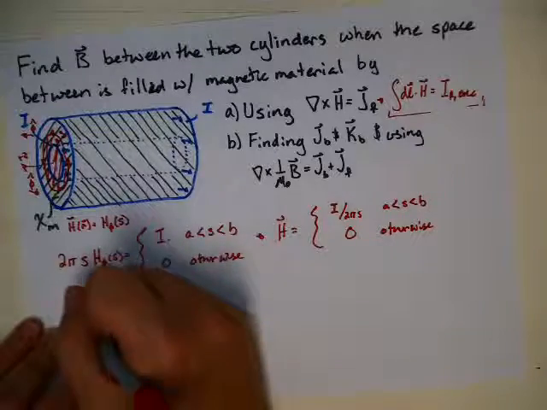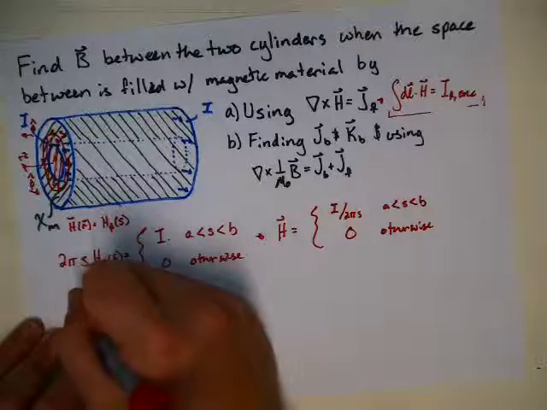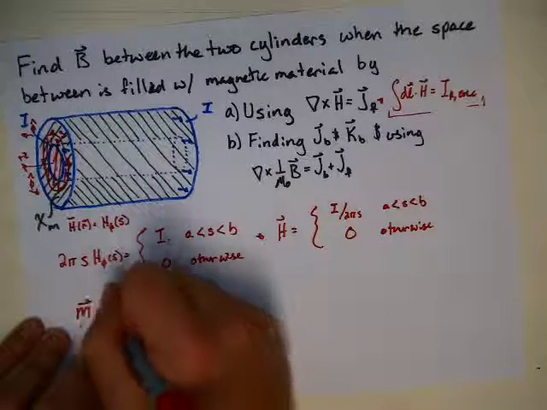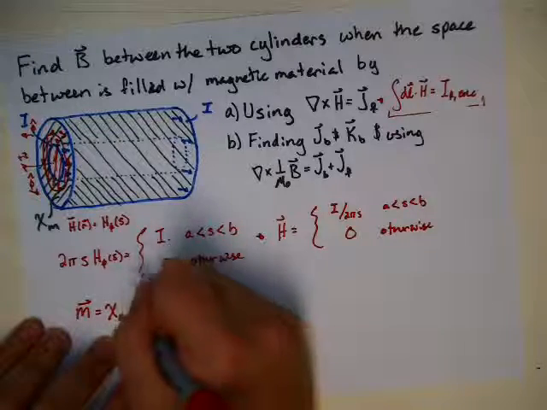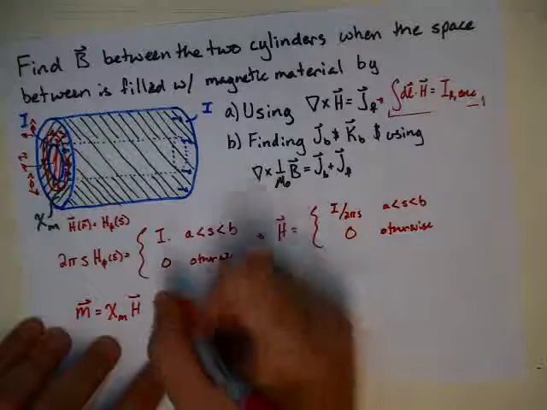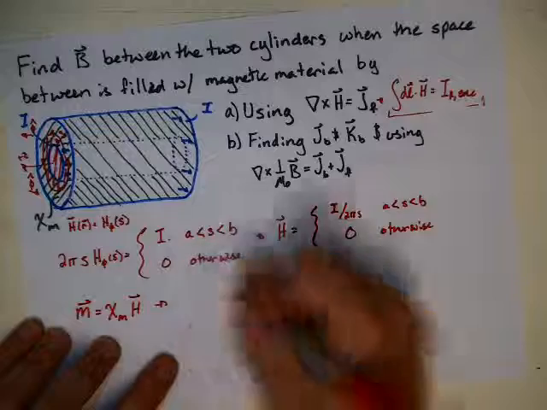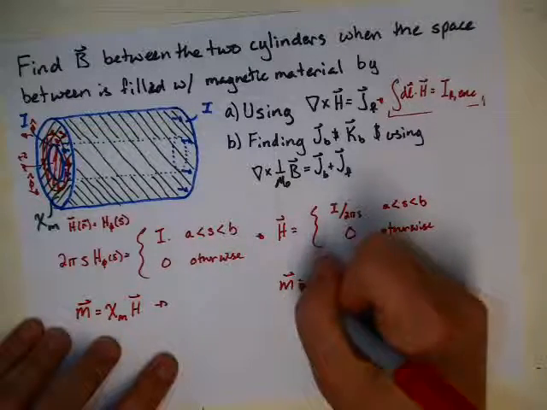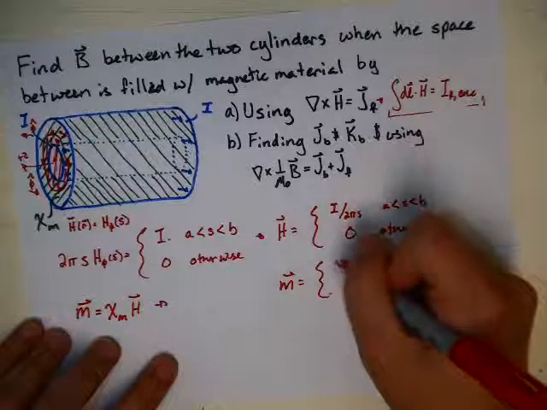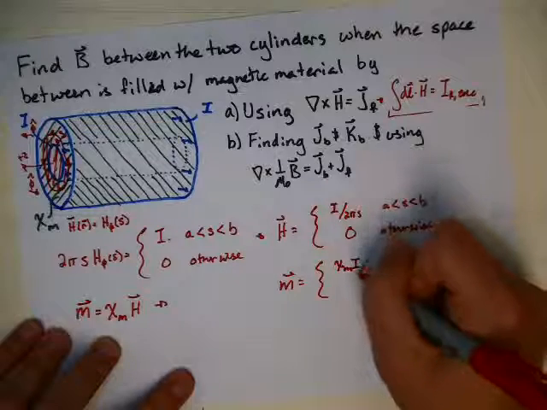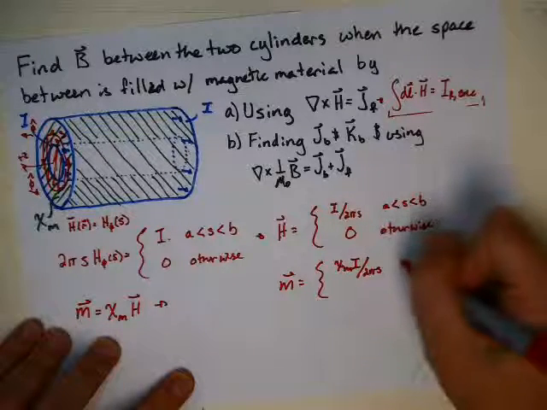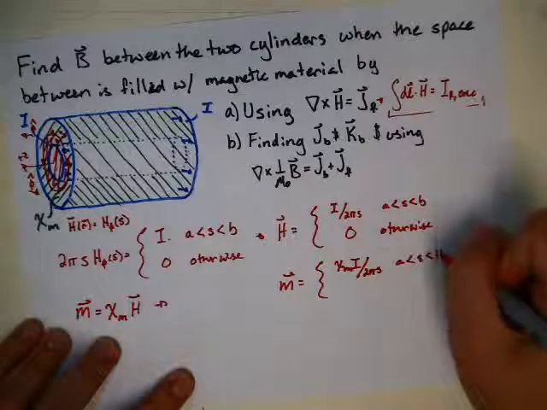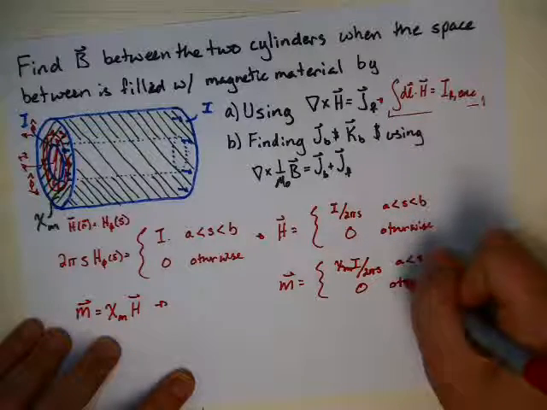Now we are going to use the expression that the magnetization is equal to chi m times this H field. So this is going to give us that the magnetization is of course chi m times I over 2 pi s, for a is less than s is less than b, and 0 otherwise.